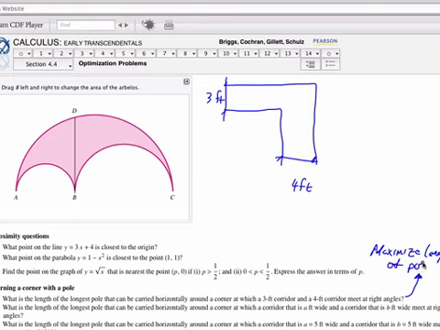How long of a pole could we get just down this 3-foot corridor here? Infinite length, right? And how long of a pole could we get down this corridor? Infinite length. We're trying to maximize the length of the pole around the corner. So what is the constraint around the corner?